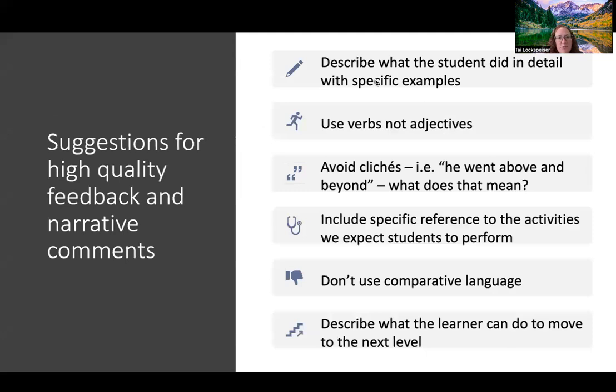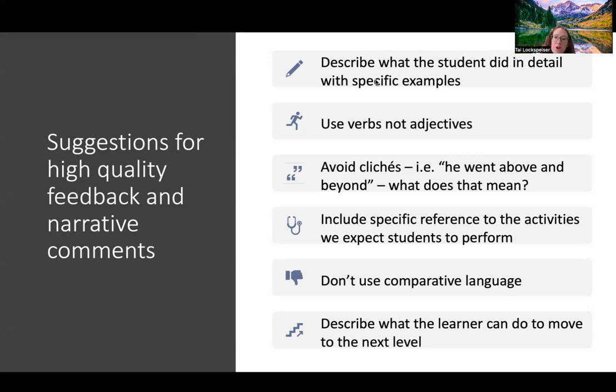Finally, a key aspect of what we do is getting descriptions of what the student is able to do on their own through narrative comments. These are a few suggestions to make your narrative comments useful both to the student and to the school. First and foremost, our goal is for you to describe what the student is able to do independently with specific examples.